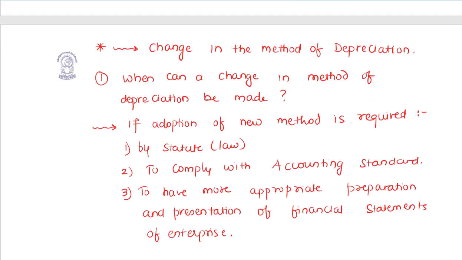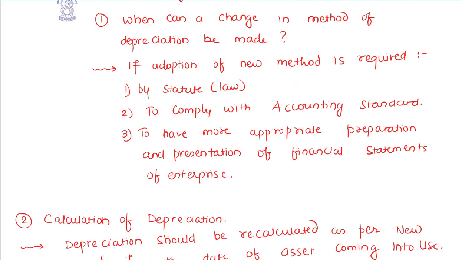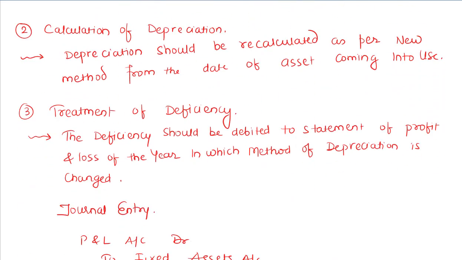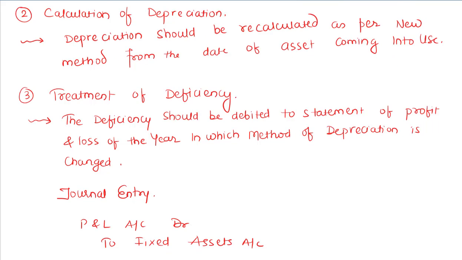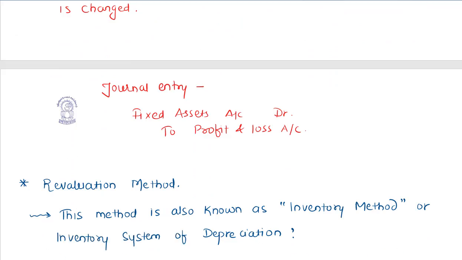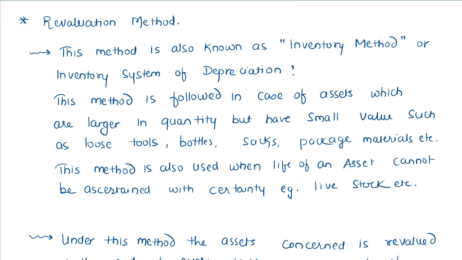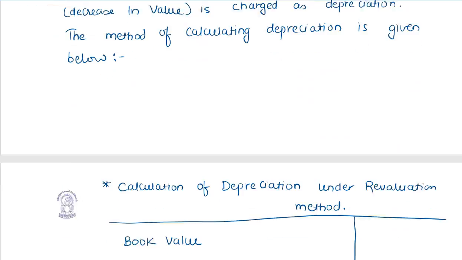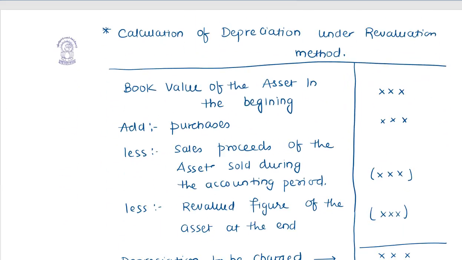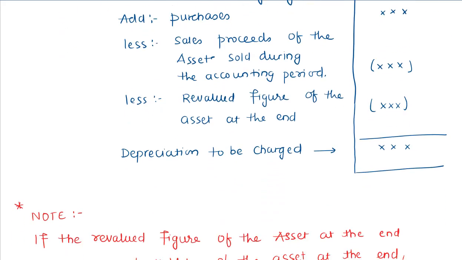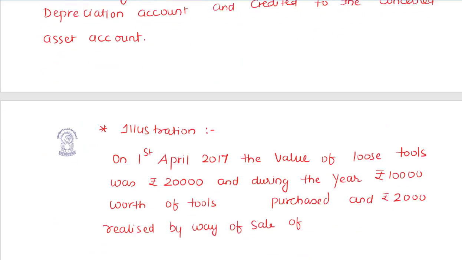In which circumstances the change in the method of depreciation is permitted. So there are three circumstances. How to calculate depreciation, the treatment of deficiency we have learned on the basis of journal entries. Then we have also learned the revaluation method in detail, how the calculation of depreciation is done under the revaluation method.